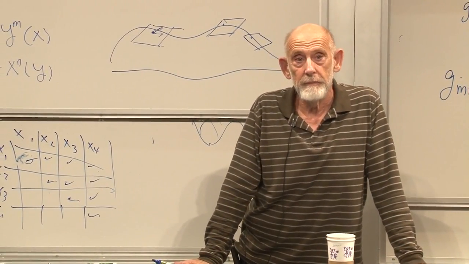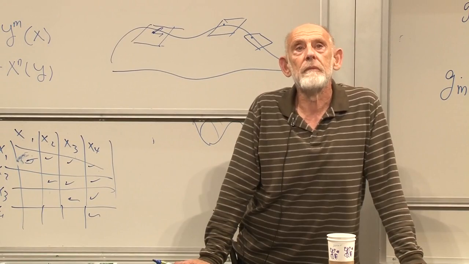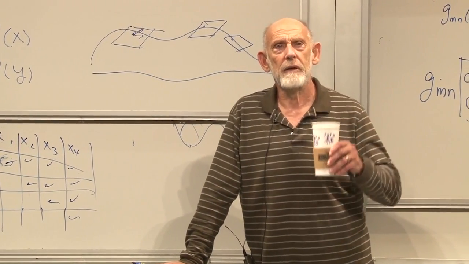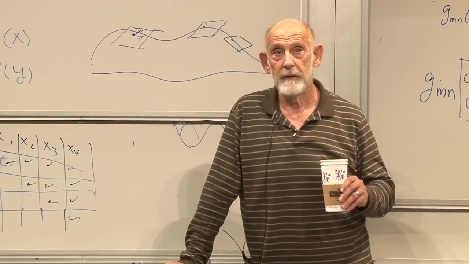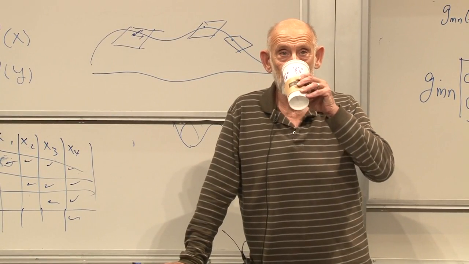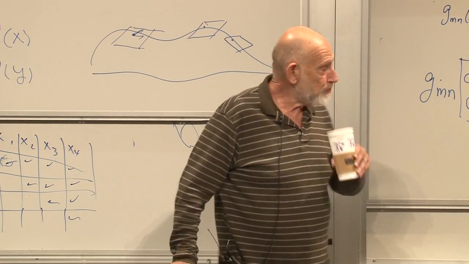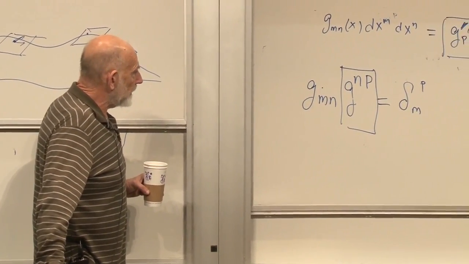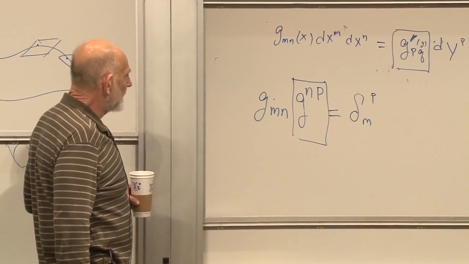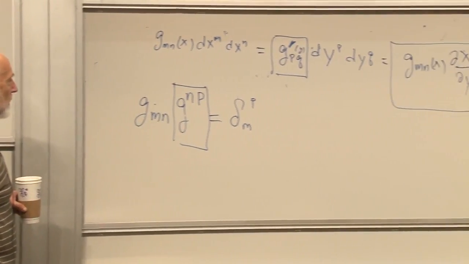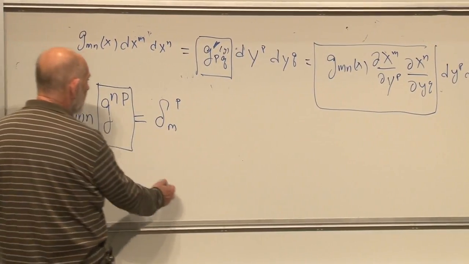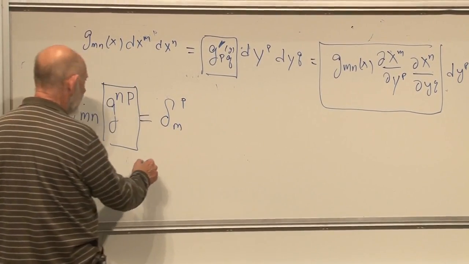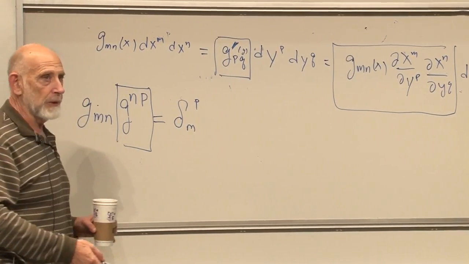Question? Yeah. The last equation you had there can only be the identity matrix if m equals p. Does it still make sense if m is not equal to p? No. This is a symbol which is 0 if m does not equal p, and 1 if m does equal p.